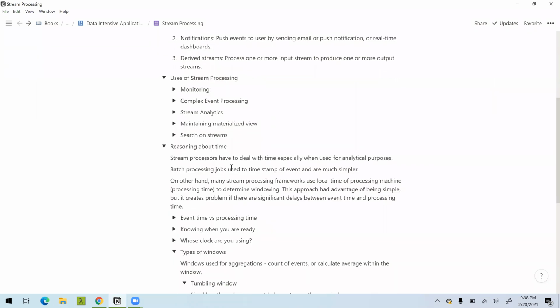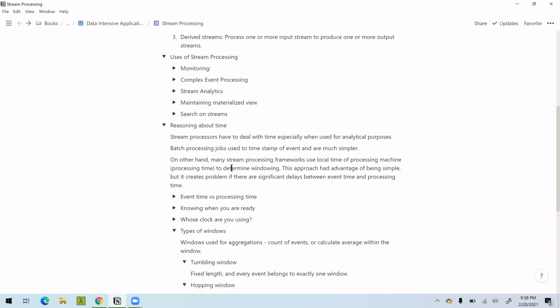First, to show what the problem with stream processing is. In batch processing, we can always use the timestamp of the event, and that represents our time, and things are simpler.